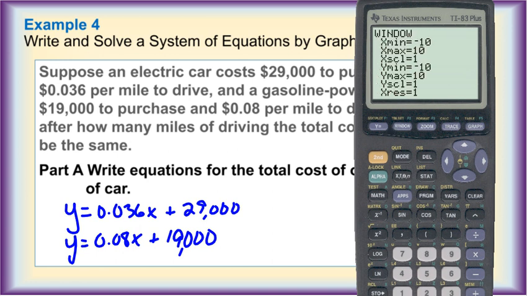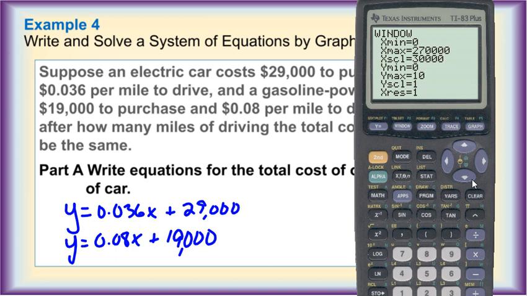I'm going to change my window. My x minimum is going to be 0, that's the minimum I can have, so 0 miles driven. The maximum, we'll count by 30,000 and we'll go to 270,000. The y minimum is 0.